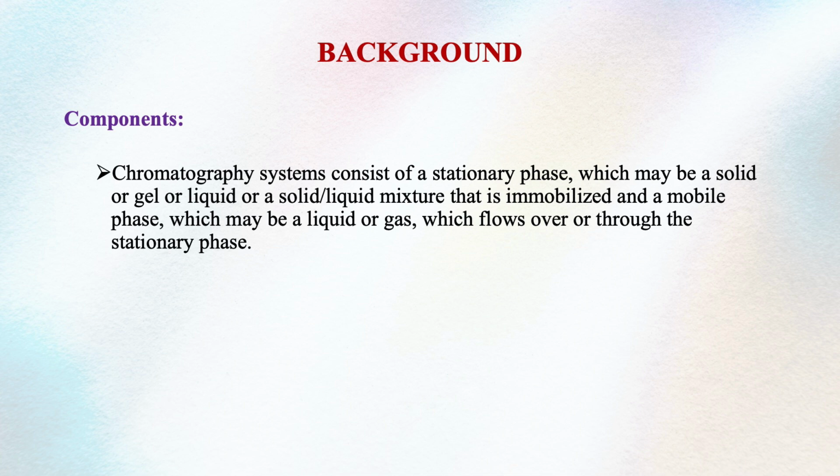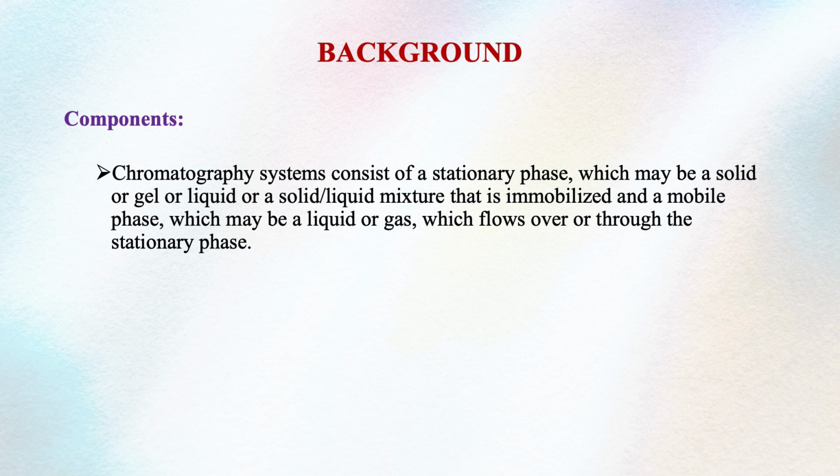Learners, it is important to understand the terminology. What is meant by stationary phase and what is meant by mobile phase? Since we are talking about separation of molecules, we are going to separate the molecules using two different phases, the stationary phase and the mobile phase.